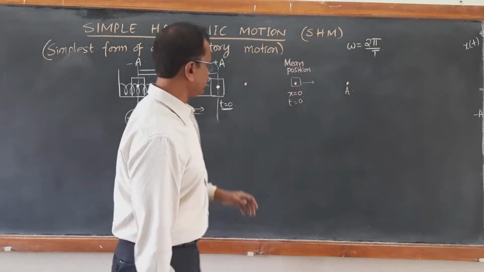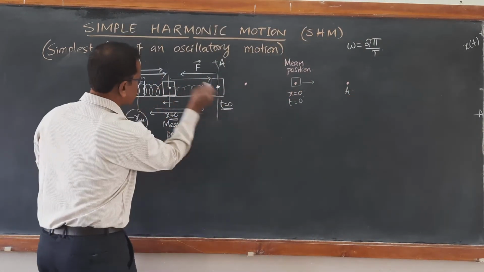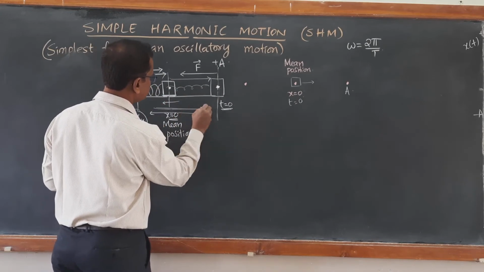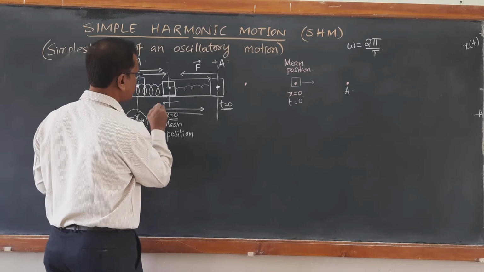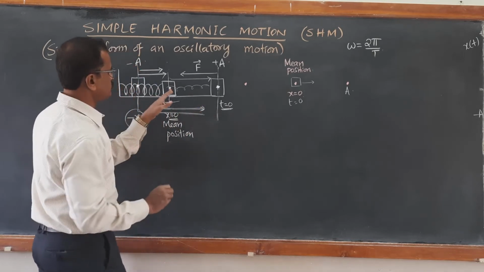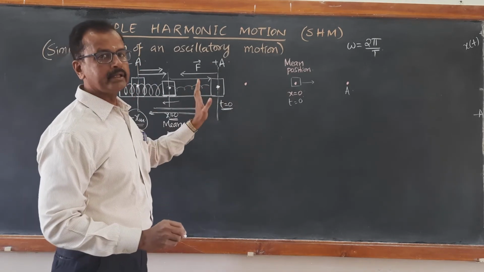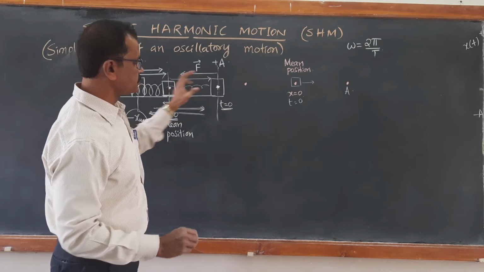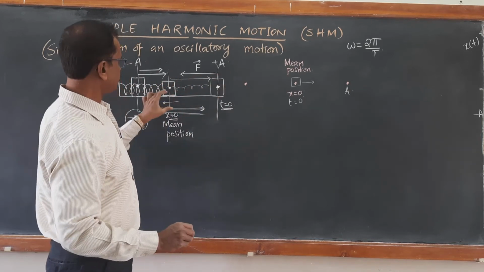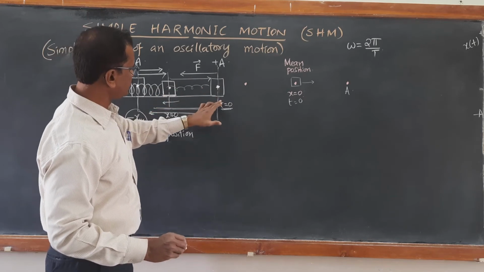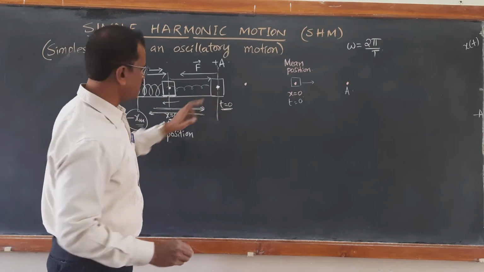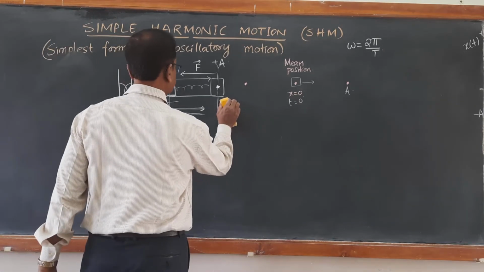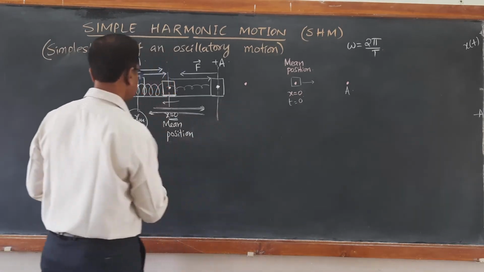Suppose the block is already oscillating, moving and returning back, again and again. Suppose we start counting the time from the mean position during its oscillation. Instead of taking time t equal to 0 from the extreme position, let us take time t equal to 0 from this position.